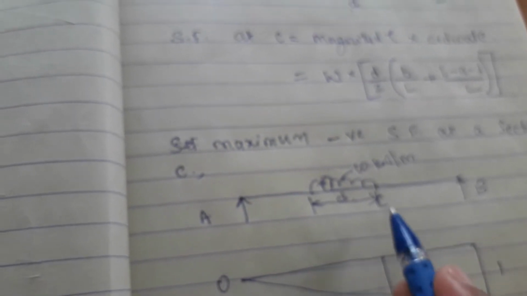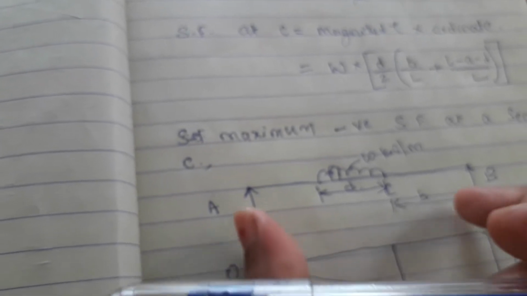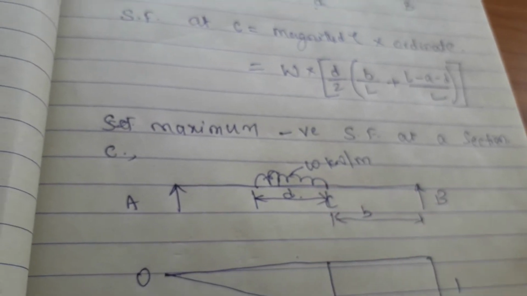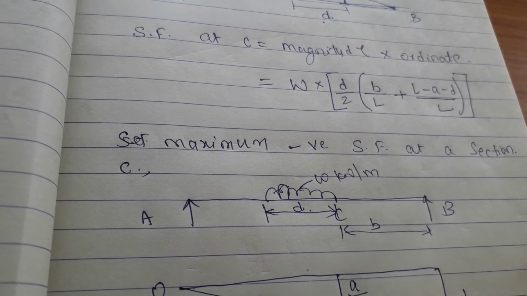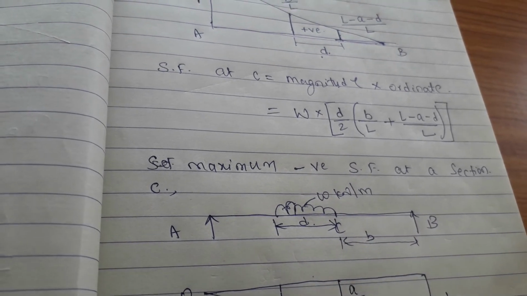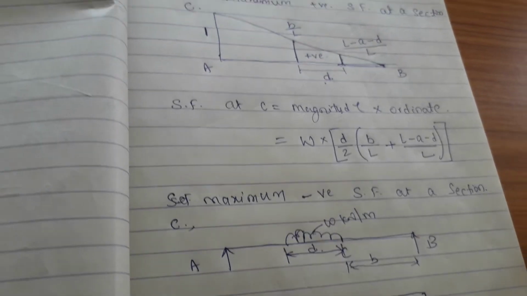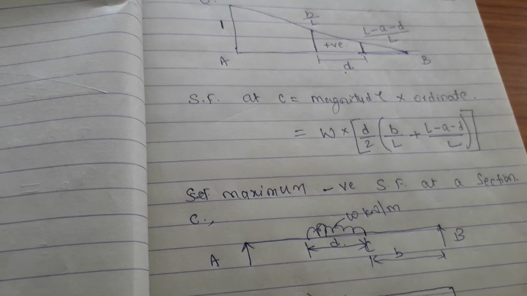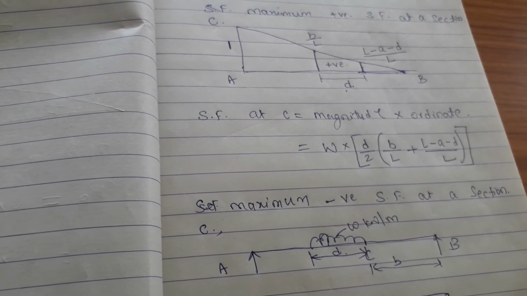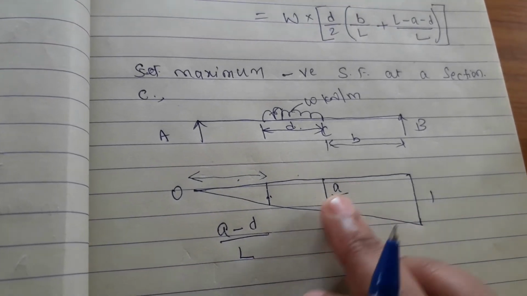The distance here is B, means L minus B, which gives A by L. And in the same way we have to calculate the ordinate at this point, that is, this distance you should know. So this distance will be equal to (A minus D) by L. So this is how you have to calculate.